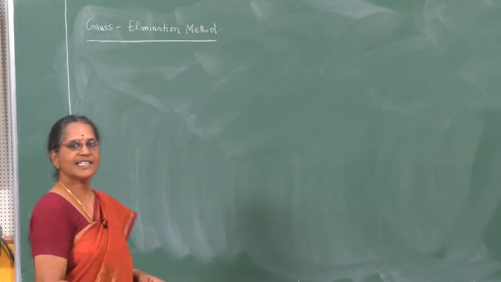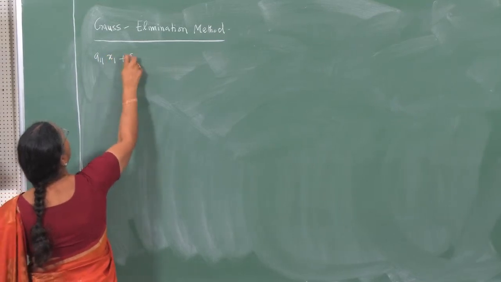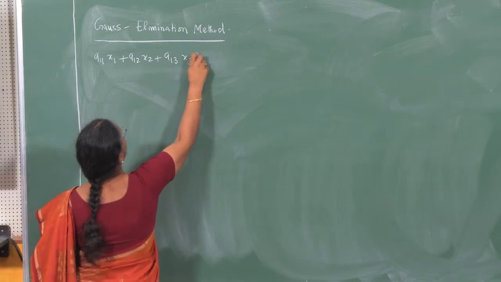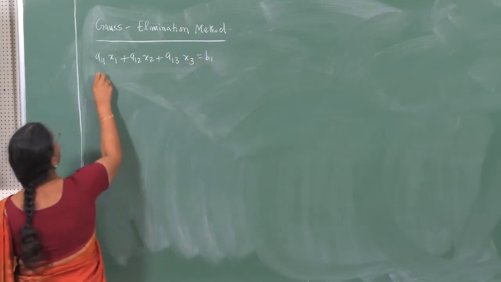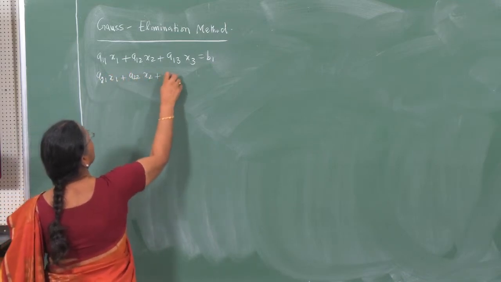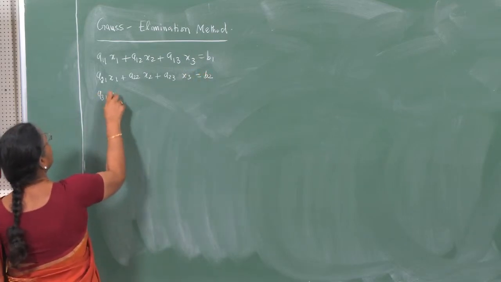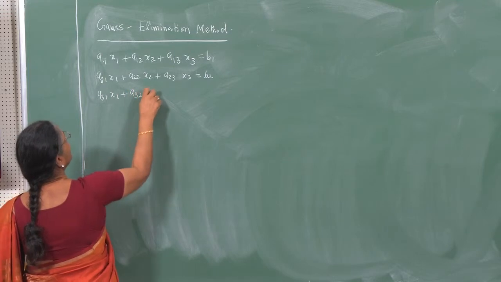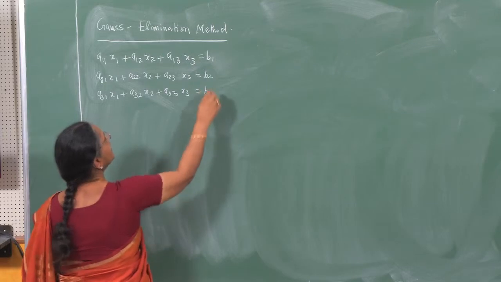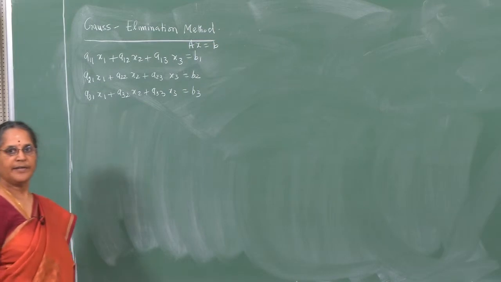Let us consider a system of three equations in three unknowns given by a11 x1 plus a12 x2 plus a13 x3 equal to b1, a21 x1 plus a22 x2 plus a23 x3 is b2, a31 x1 plus a32 x2 plus a33 x3 equal to b3, which can be written in the form Ax is equal to b.